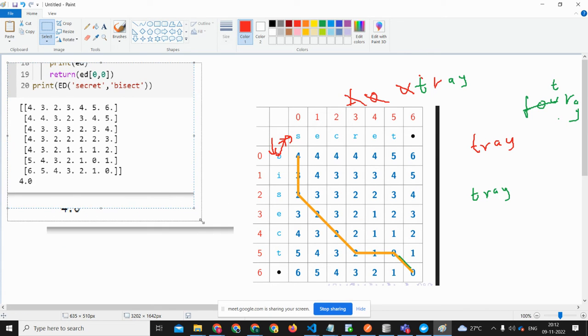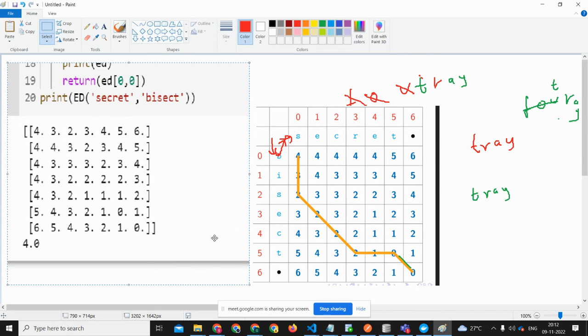Yeah, sure. Now you see the twos were kind of a bit lower, and now the three twos have moved up. We can also see it's kind of a transpose. And this is secret and bisect, and this is supposed to be bisect versus secret, right?